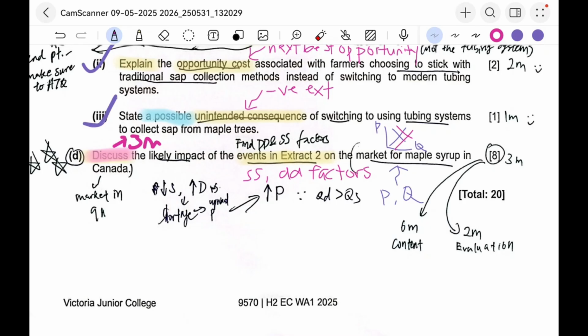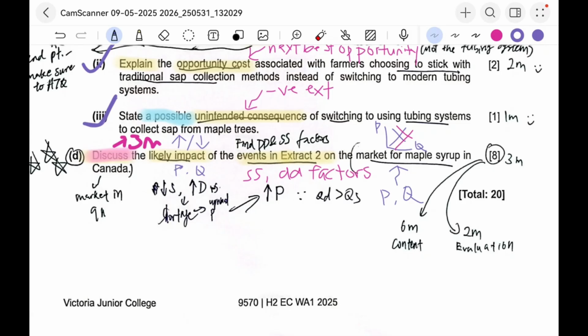So if you use the graph to analyze, you can only derive the impact on either price or quantity. So you need to know the outcome, which is how the things in extract 2 happening impact the price. And the conclusion is either an increase or a decrease for your price and quantity.